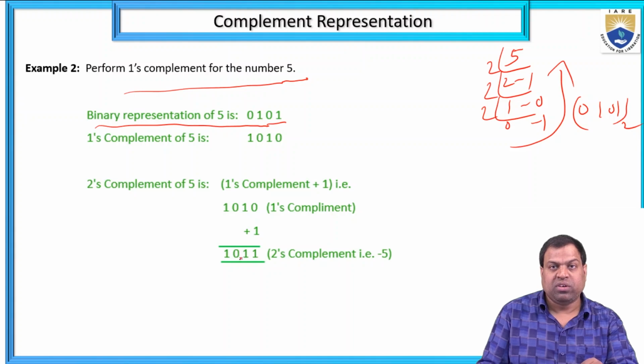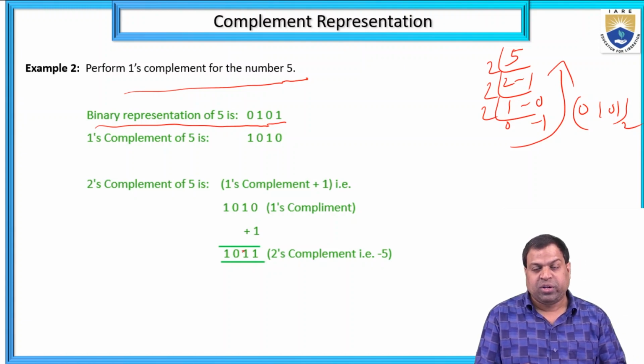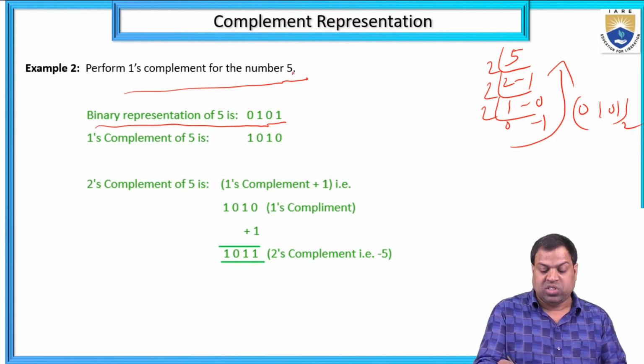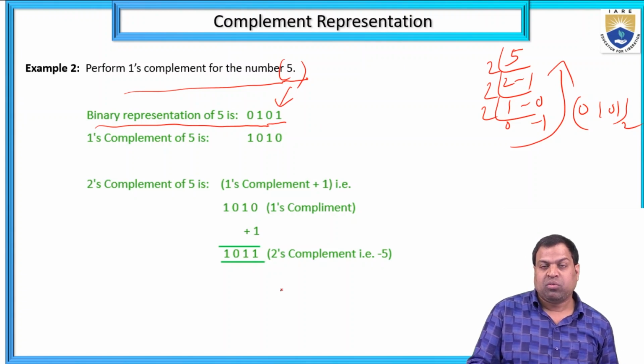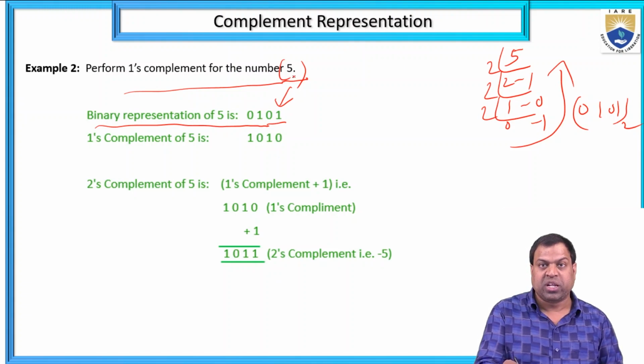The 1's complement of the value 5. In complement of anything, 1's, 2's, 9's, 10's complement, it is only possible in binary representation, not in the decimal number system. So we convert the number to binary, then perform 1's complement on the binary result. 0101 is the binary representation of the value 5.